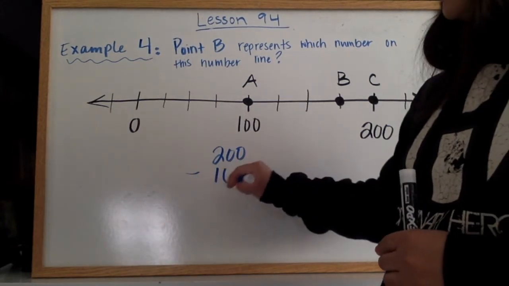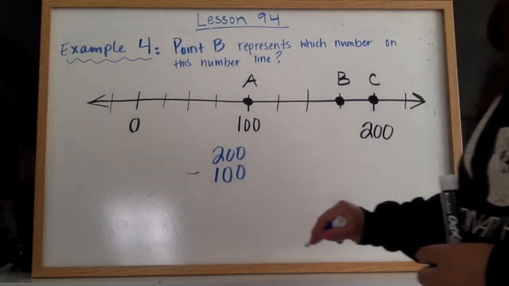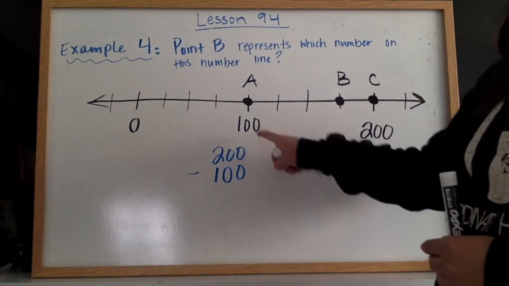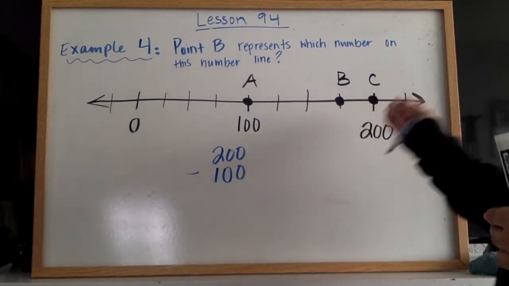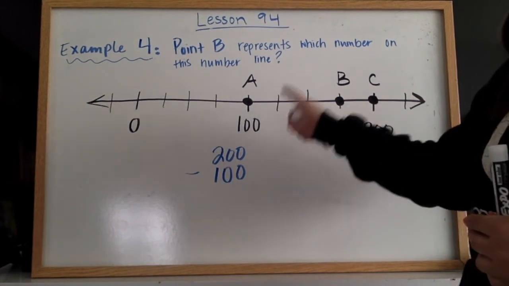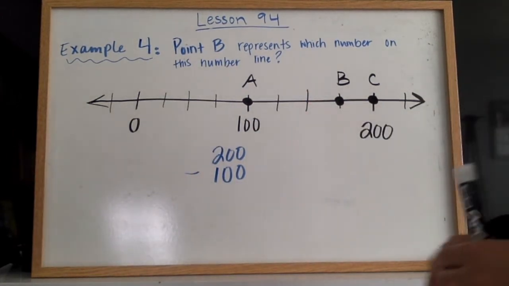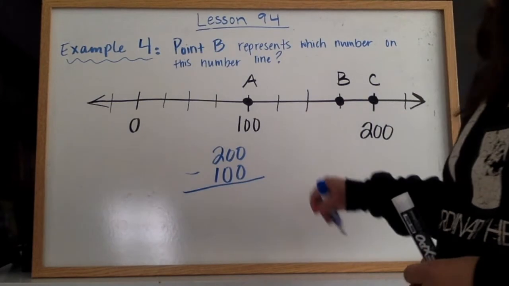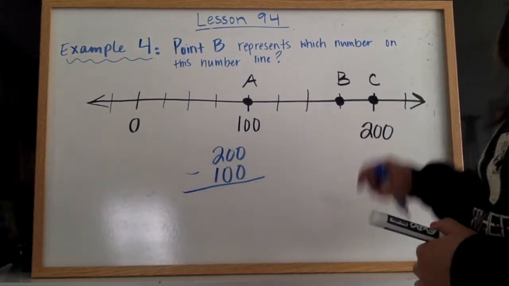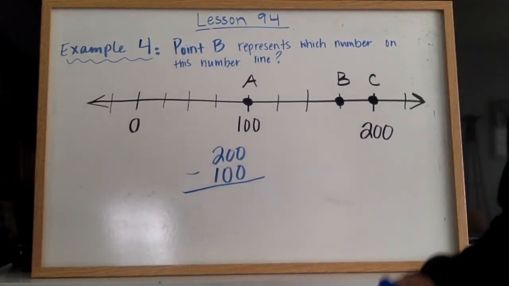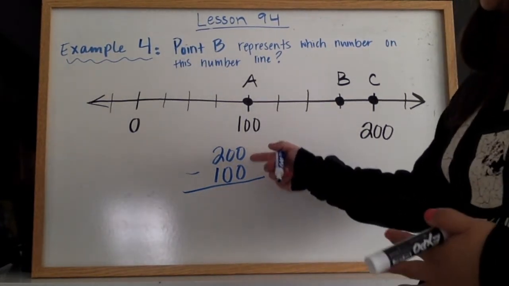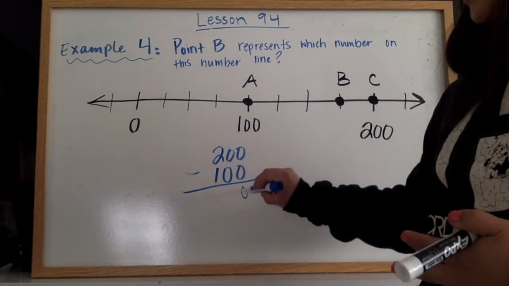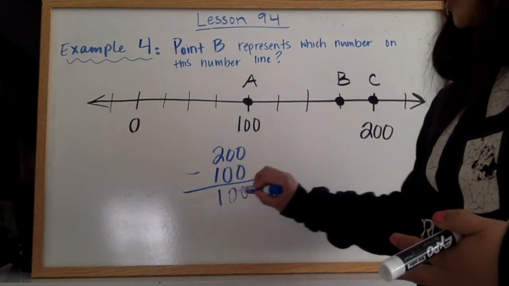So A is 100. Now the reason I'm doing that is because these are the 2 numbers that are next to each other that are actually labeled. There's nothing else in between here that's labeled. So I want to find the difference between 100 and 200. You might know this in your head, and I hope you do, but if you don't, the difference between 200 and 100 when you subtract is 100.